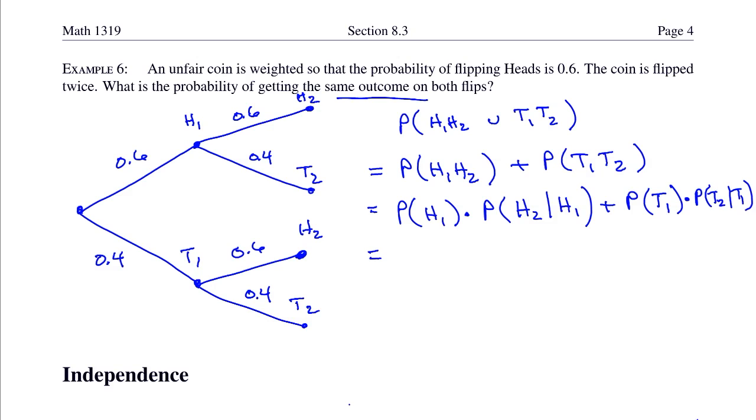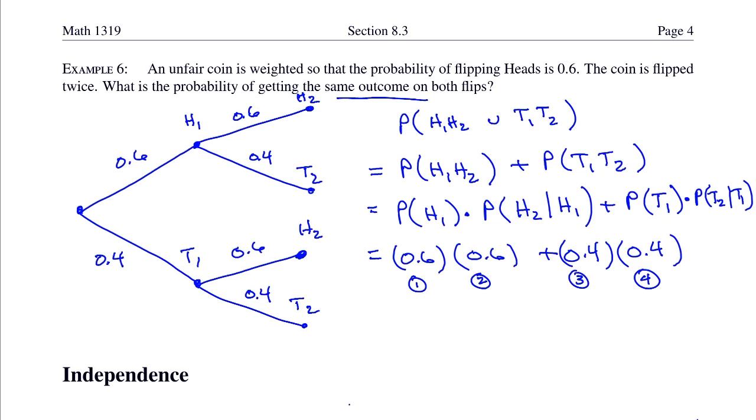And then you read these numbers off the tree. So heads 1 is 0.6. Heads 2 given heads 1 is 0.6. Tails 1 is 0.4. And then tails 2 given tails 1 is also 0.4. Now I'm going to mark these so you can see where each of these came from. Number 1, number 2, number 3, and number 4. This was number 1.